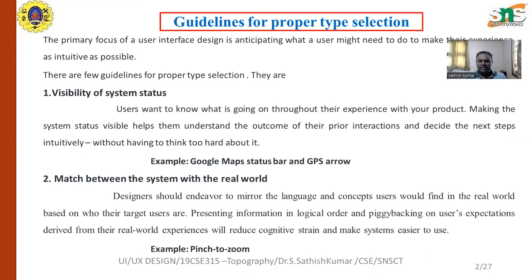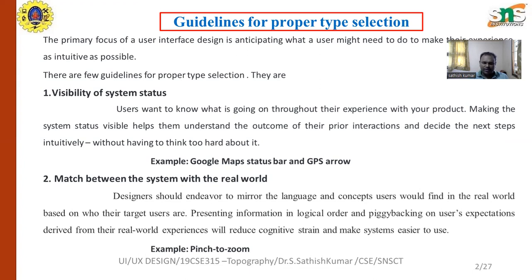Making the system status visible helps them understand the outcome of prior interactions and decide the next steps intuitively. The best example is the Google Maps status bar and GPS arrow. So, visibility of system status.